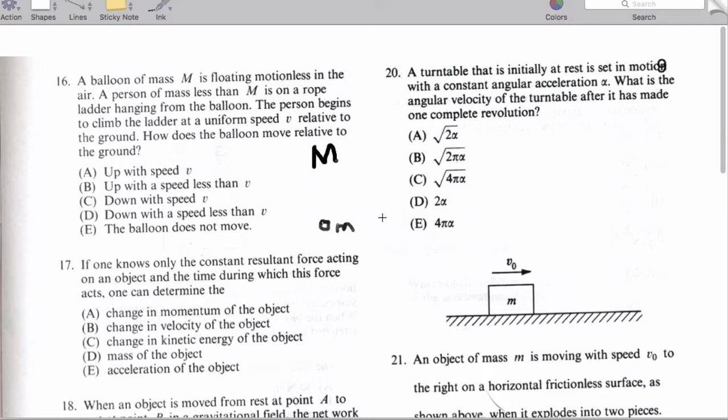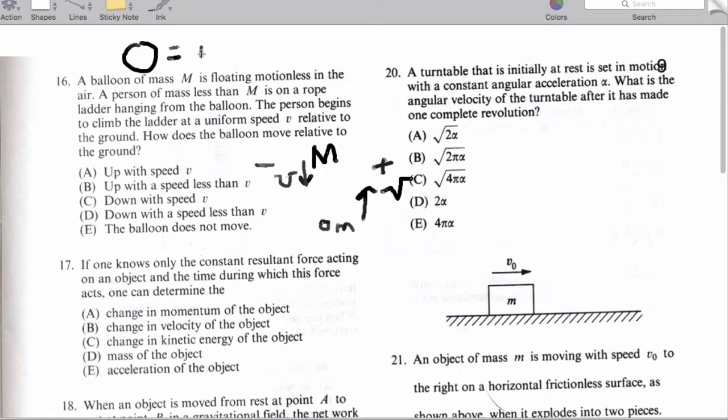Now, I'm saying I'm moving M and V up, and I'm attached to the balloon, so the balloon is going to want to move downwards. Well, that means it's going to have a small v so that these two momenta can be equal, because this will be a negative momentum, and this will be a positive momentum. So just to be clear, the initial momentum is 0.